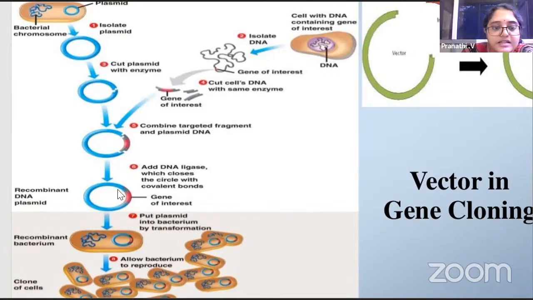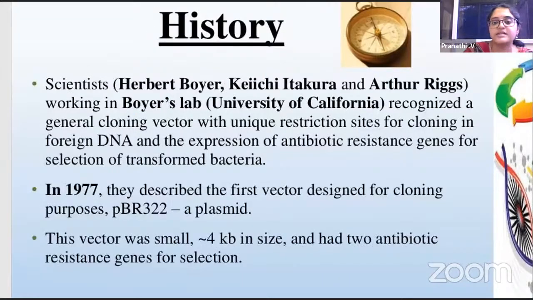This is how you get the recombinant DNA plasmid, and this is inserted by the transformation method into the bacteria, and then the bacteria reproduce. Since there is bacterial cell division taking place, you get a clone of cells. So this is how the cloning vector started.